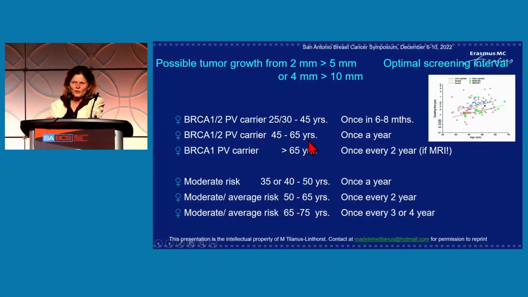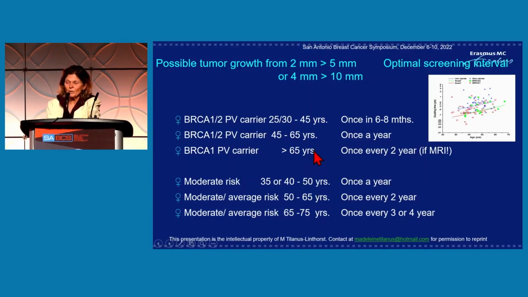If you want to have an optimal screening interval, you would like to detect a cancer that you have missed at 2 millimeters at, for instance, 5. That's quite reasonable. And in that same time interval, a cancer that was missed at 4 millimeters would have grown to 10. According to this growth rate study, one should then screen BRCA2 and 1 PV carriers below age 45 once every 6 to 8 months, between 45 and 65 years yearly, above 65 maybe less frequent than yearly, if this MRI we'll see later on.